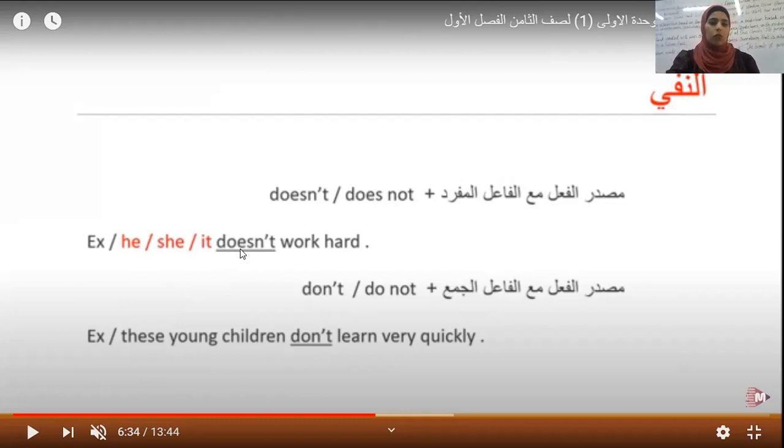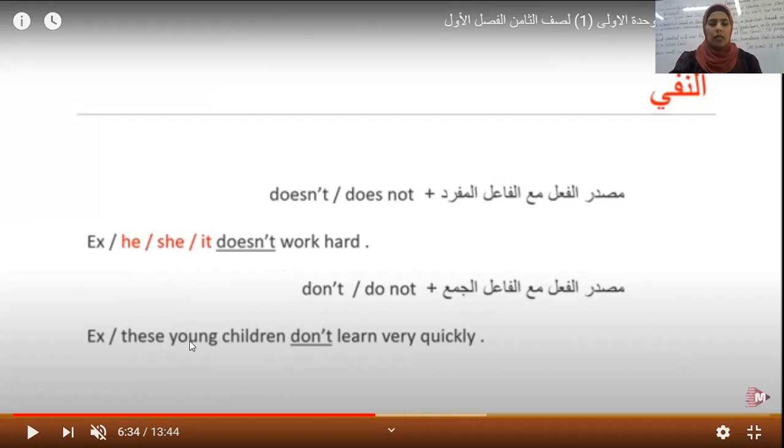He doesn't work hard. She doesn't clean her room. It doesn't work. So we use doesn't with a singular subject when we are talking about negative sentences.